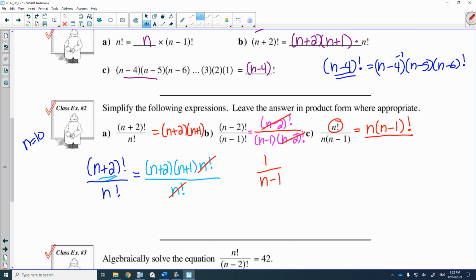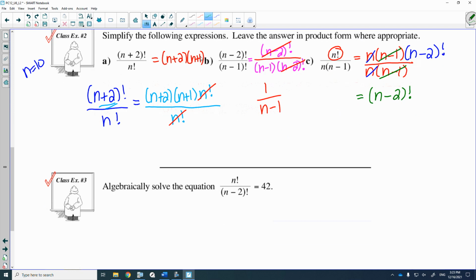In my denominator, I've got the n and the n minus 1. Right now, I could cancel these n's, but I am unable to cancel numerator and denominator here because this does not have a factorial. So I cannot stop with this one. So n minus 1. The next one would be n minus 2. Now I'm going to stop, put my factorial, and now I could cancel n minus 1 and n minus 1. And what I am left with is n minus 2 factorial.